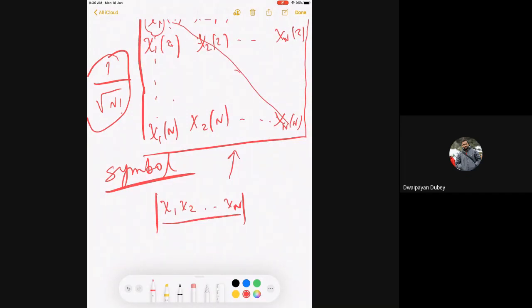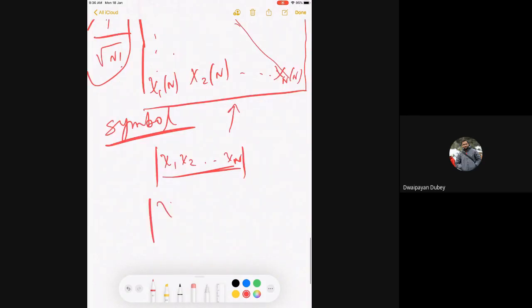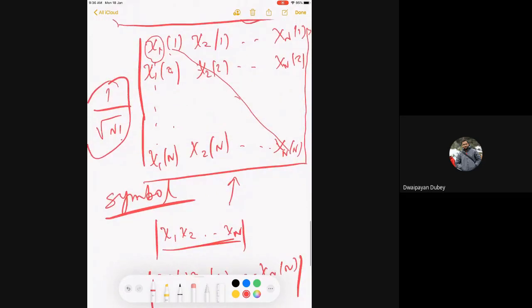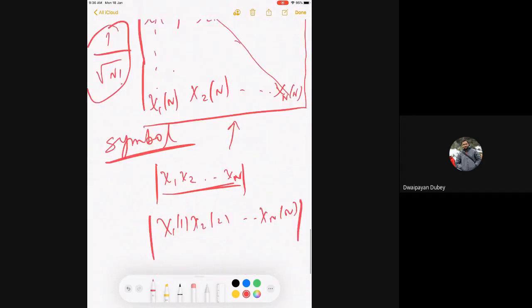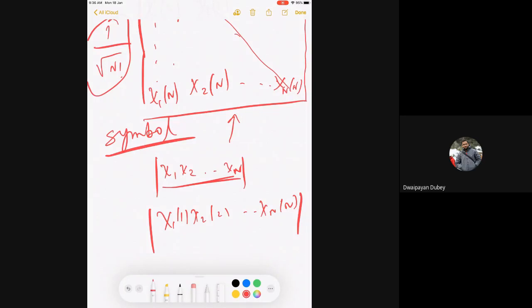So many times I'm going to use simply chi1 to chi n, or if I write chi1 1, chi2 2, chi n, you should know that I have written the leading term of the determinant, which is the diagonal term, and the rest is automatically there. But then I'm suggesting that writing 1 to n is also superfluous because it doesn't matter. What is important is just the spin orbitals. So very often I'm going to write only this, and it will also assume that you have a 1 by square root n factorial.